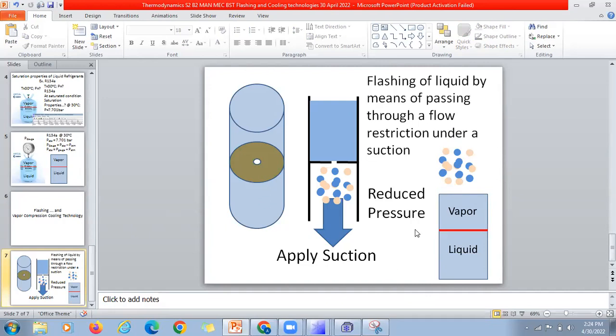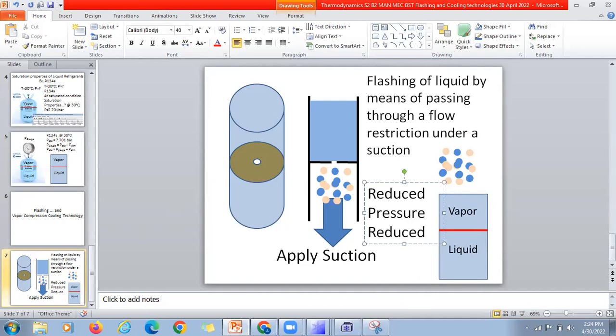Let's say pressure reduced to 1 bar. Let's say not 1 bar, maybe 1.5 bar absolute.